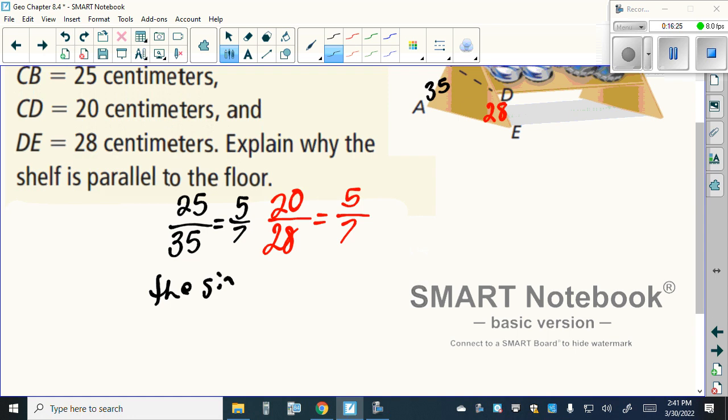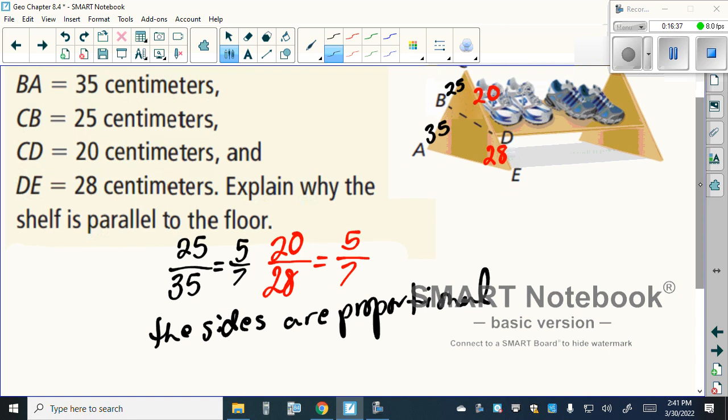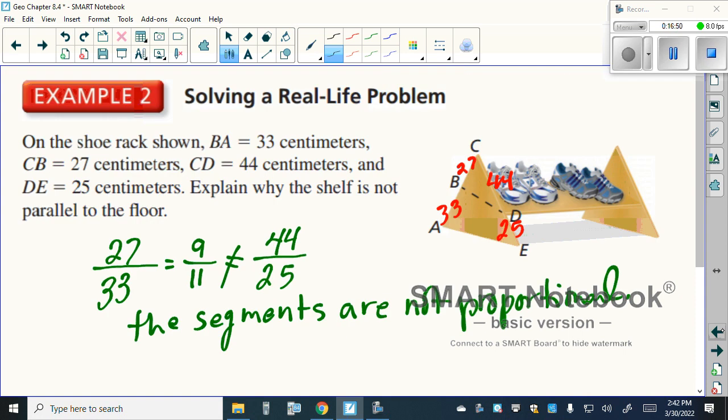The sides are proportional. So from here, we're also going from smaller to bigger, smaller to bigger, yes, with how they set up. If we look at the previous one, here we're going from smaller to bigger, and here we're going from bigger to smaller. So most likely it's not going to be parallel, because we need the proportions to be the same.